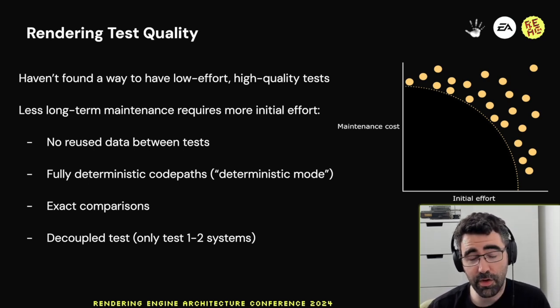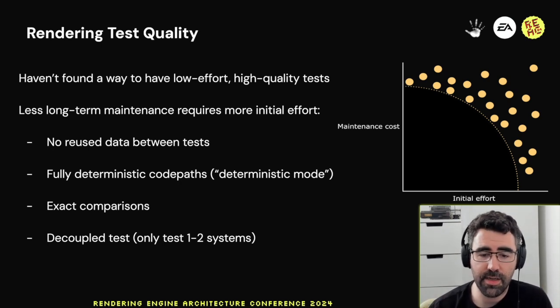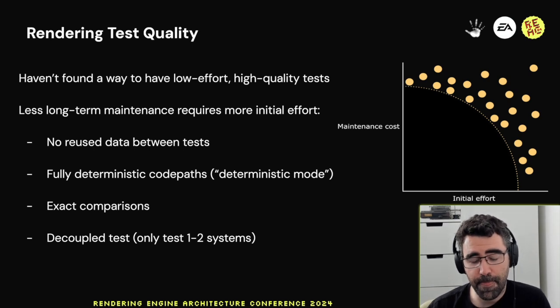Then having fully deterministic paths that you can enable for testing is extremely valuable. At Frostbite, we have a deterministic mode for our tests, which disables things like the random camera jitter. Even if you're not testing that randomness in the auto tests, that is a tiny part of the code, and you can still test everything else in a deterministic setup and make sure that it works at least there.